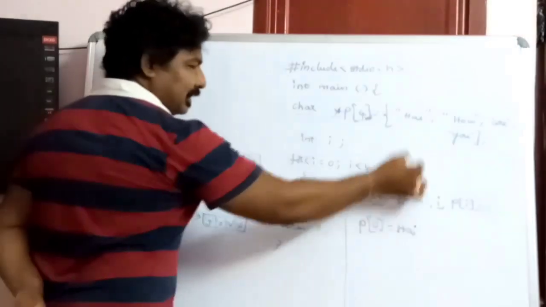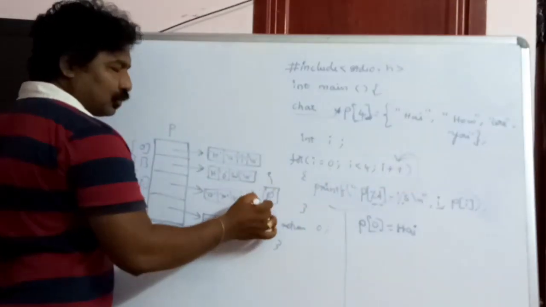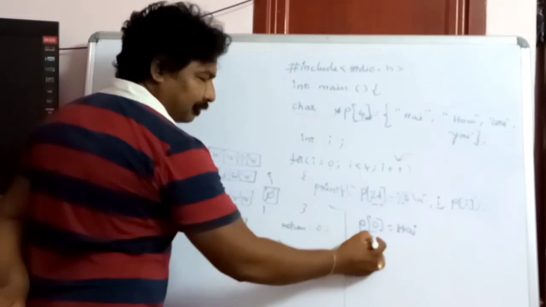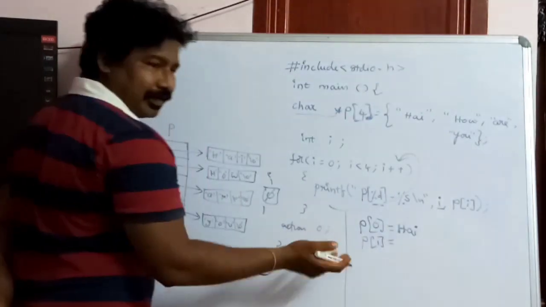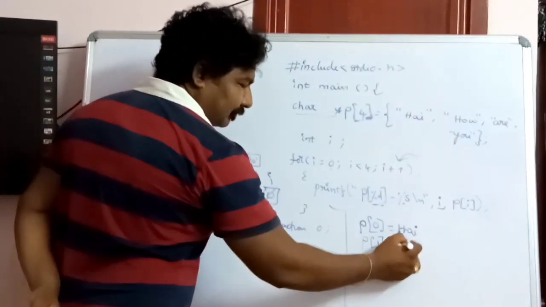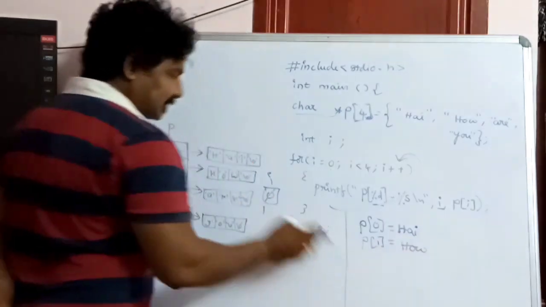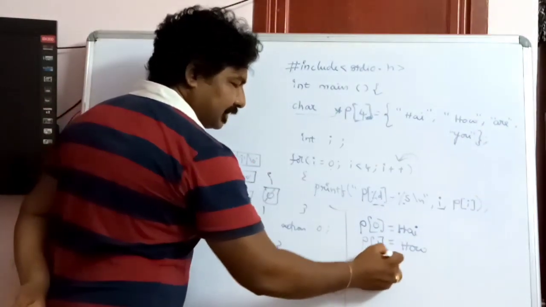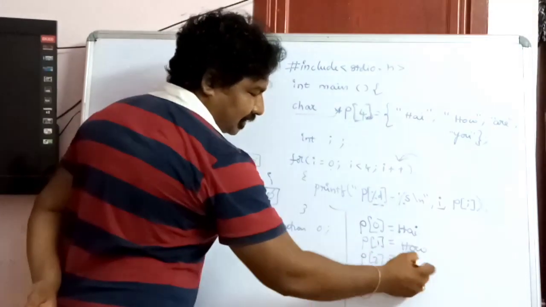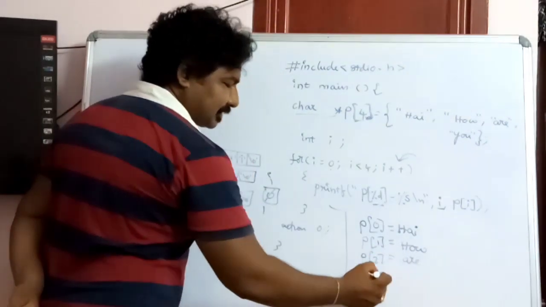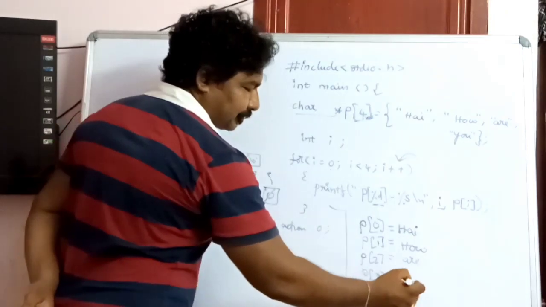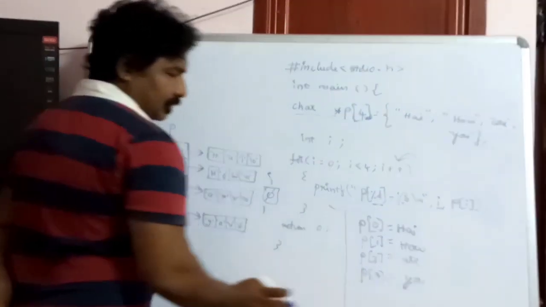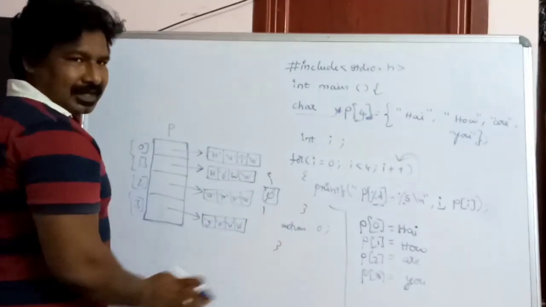When you go back, i becomes i plus plus, so i becomes 1, 1 is less than 4, and again you come here, P of index 1, because i is now 1, and you have how, the second string. Similarly, P of 2 is are, and P of index 3 is you. Okay, so that's the end of the program.